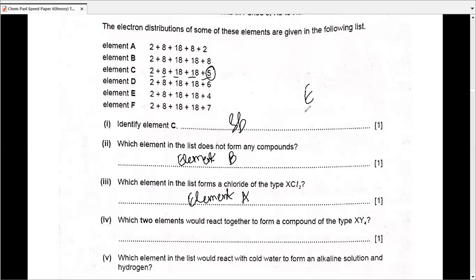E is correct, but C is not correct. Can you repeat the elements? So there are 4 atoms of Y with 1 atom of X, which the formula tells you easily.